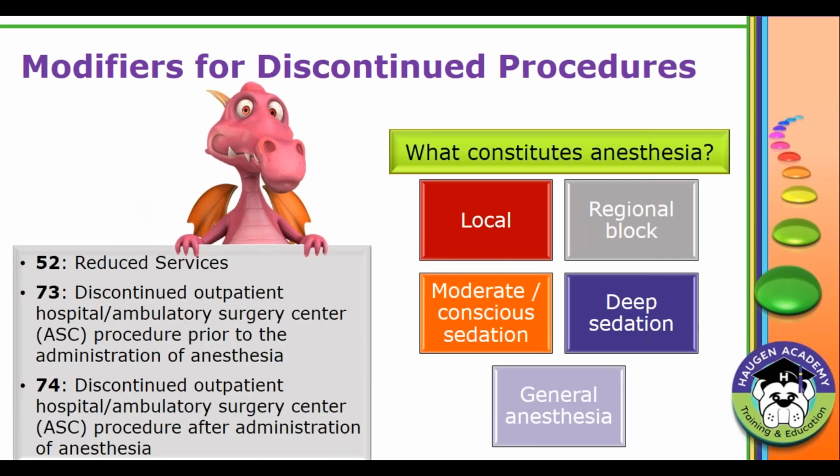Modifiers for discontinued procedures represent one of the biggest changes between physician and hospital reporting. Modifiers for discontinued procedures are 52, 73, and 74. On the physician side, they use modifiers 52 and 53.